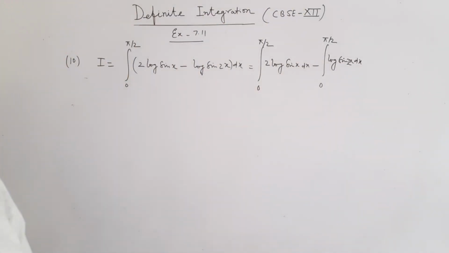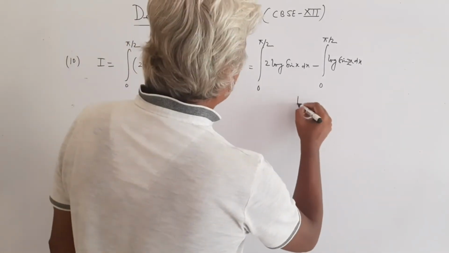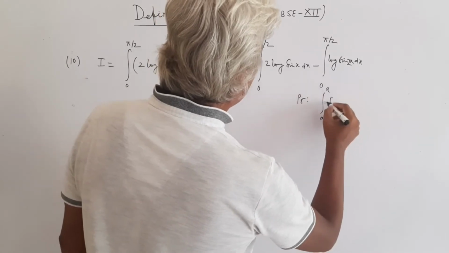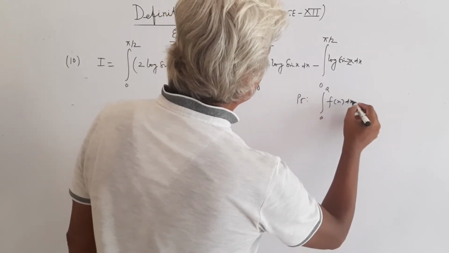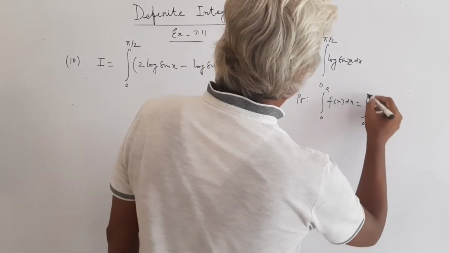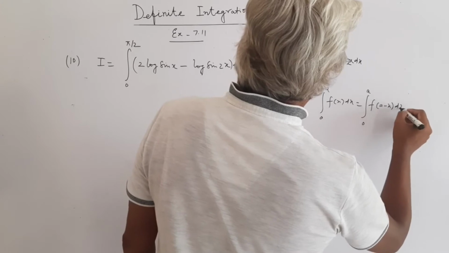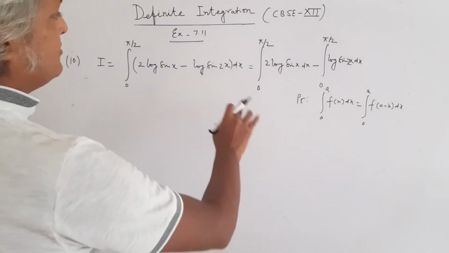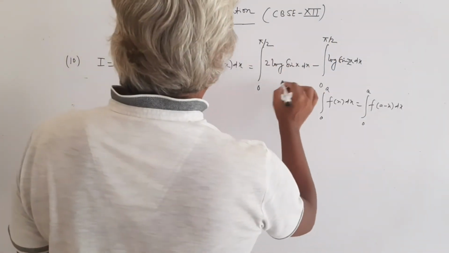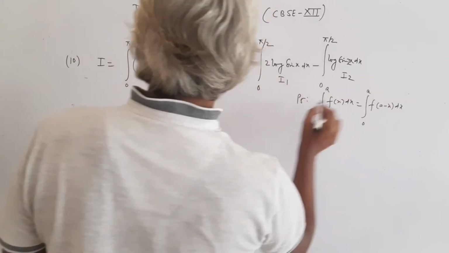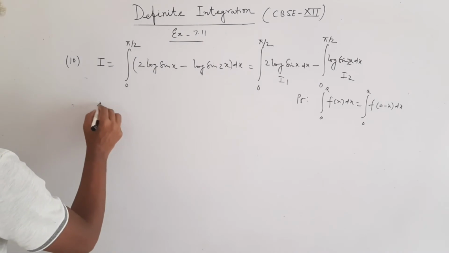Both of them resemble the same thing, and I think property 5 can be used here, that is the integral from 0 to a of f(x) dx is the integral from 0 to a of f(a minus x) dx. But since we have two parts, we'll solve them one by one. First I name this I1, and this one I2. So let me go for I1 here.